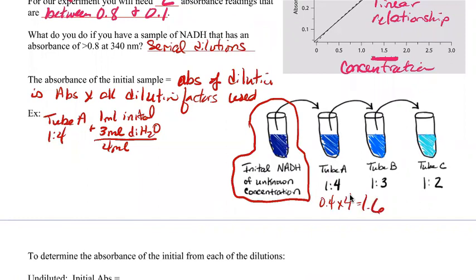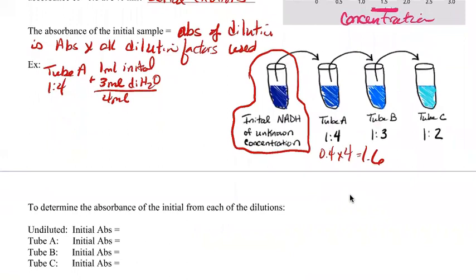So that's tube A. To get my initial absorbance from tube A, I'm going to take my tube A absorbance and multiply by 4, and I'm going to get my initial absorbance, right? My undiluted was too high, and that's why I couldn't use it, and that's why I had to make these dilutions.